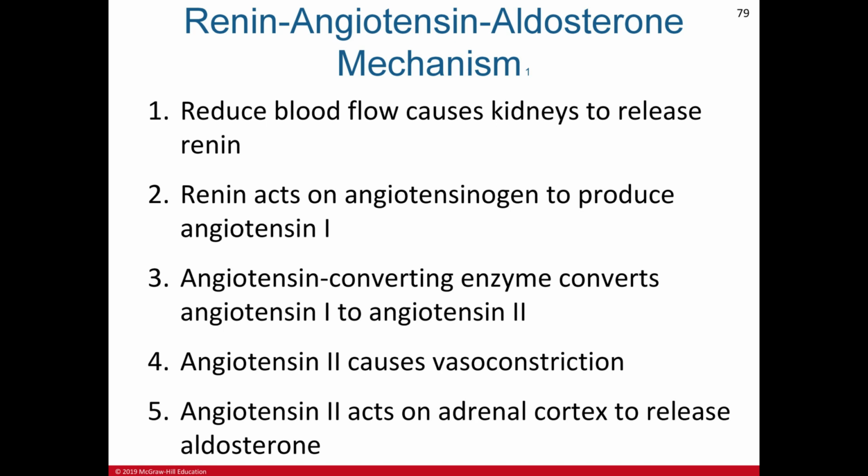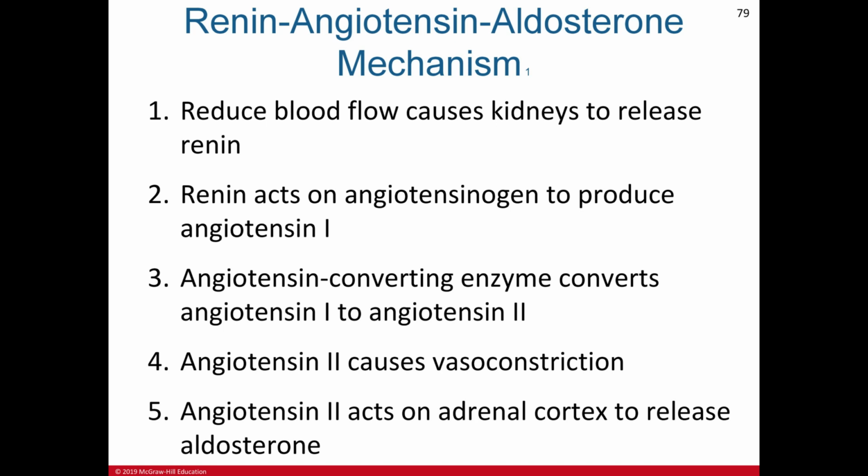renin-angiotensin-aldosterone mechanism? The RAAS is a very important topic, most especially in your clinical microscopy. So, how does this RAAS, or renin-angiotensin-aldosterone system, affect the flow of blood and how does it control the flow of blood? Again, this is also an example of a negative feedback mechanism in your body.